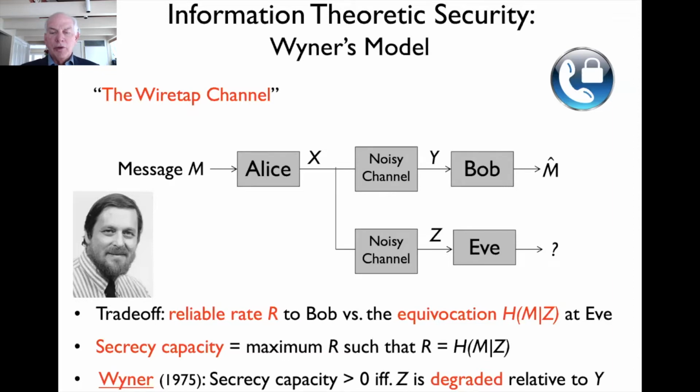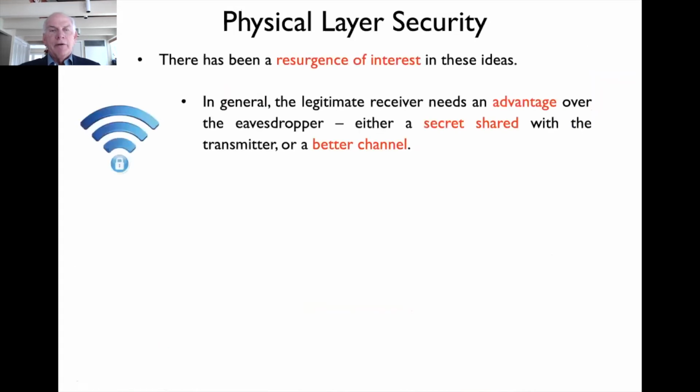We can zoom forward 45 years, or maybe not quite 45 years, 35 years. And within the last decade, say, there's been a resurgence of interest in these ideas. There are just two things to learn. One is, in general, in order to get secrecy, both Shannon and Wiener tell us that the legitimate receiver has to have some kind of advantage over the eavesdropper.